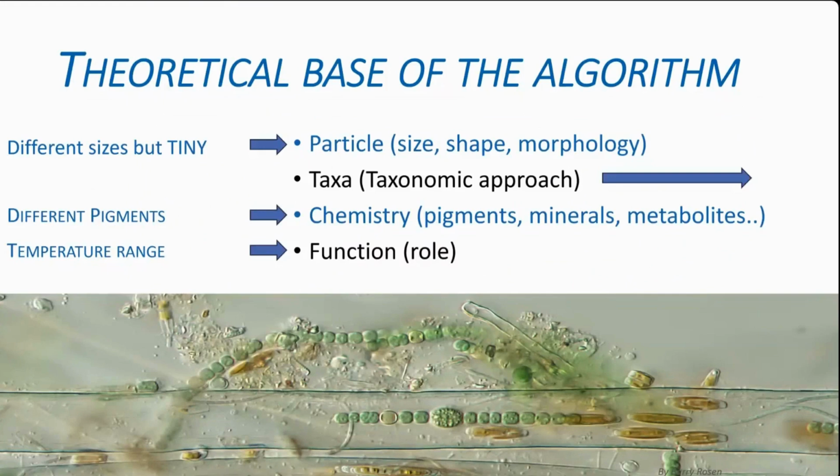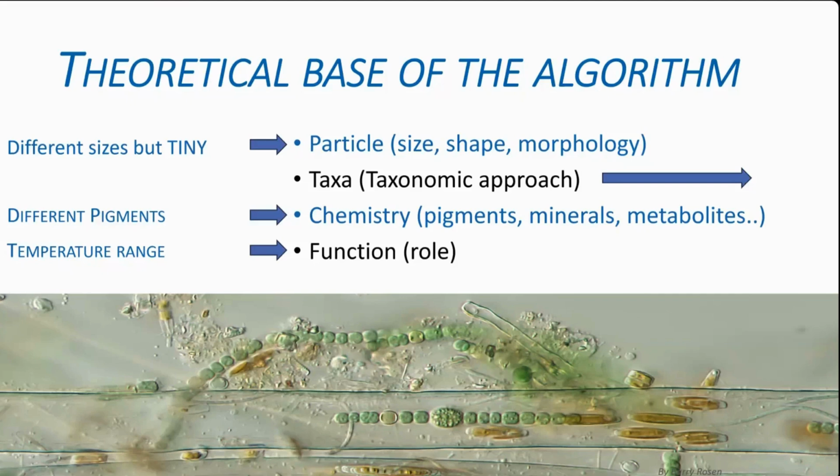In the case of Synechococcus, we have the presence of that phycoerythrin, and they do have a specific temperature range. Synechococcus is found in this, Prochlorococcus is found in this specific temperature range, which we can now use to tease out, in a sense, function or role. So we take all this information in order to get some kind of taxonomic output of this algorithm.